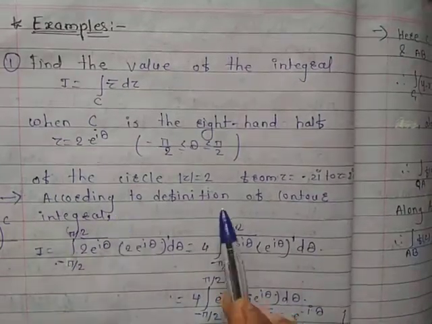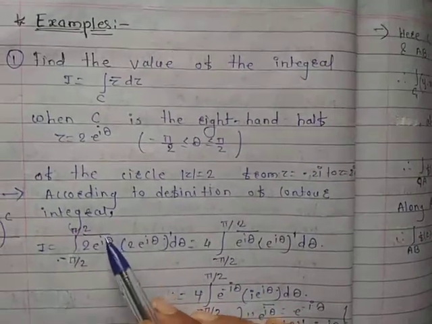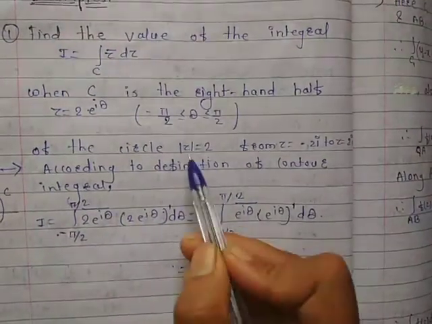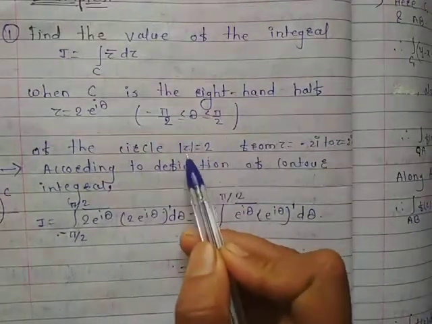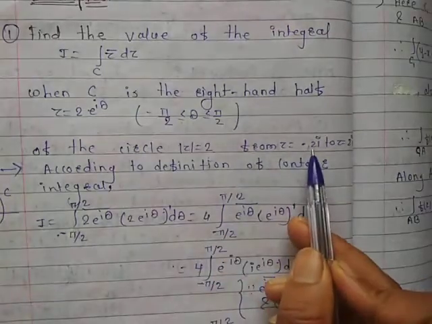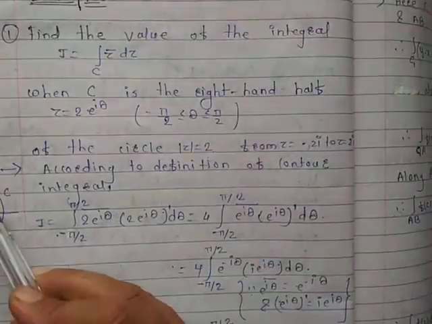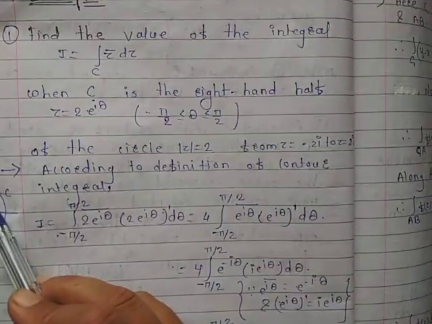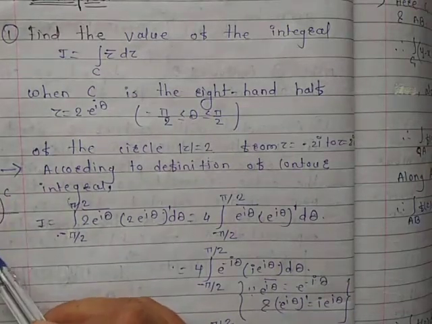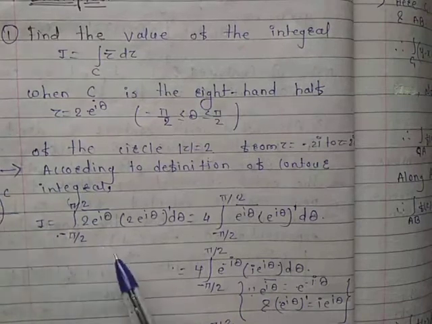Okay. According to the definition of contour integral, here we have been given mod z = 2, from z = -2i to 2i.